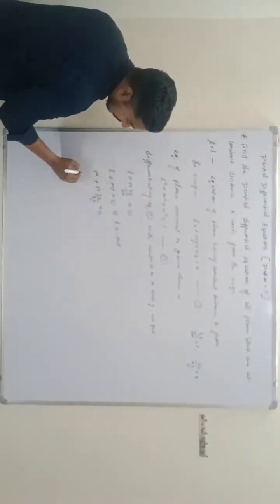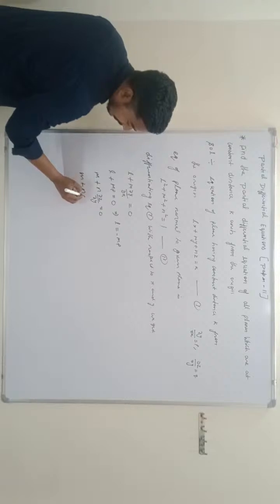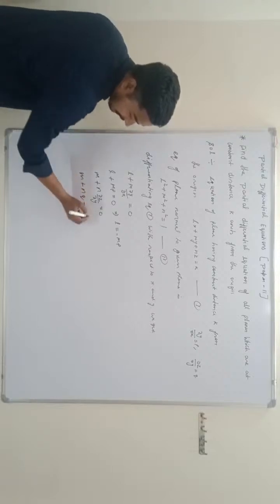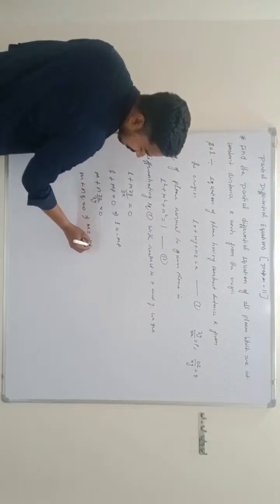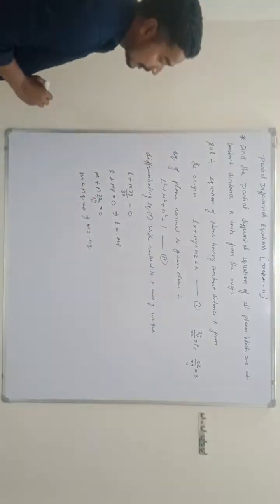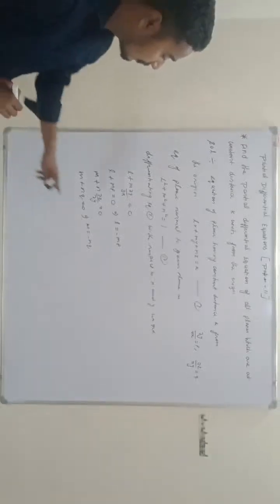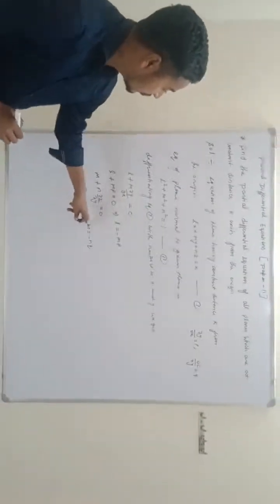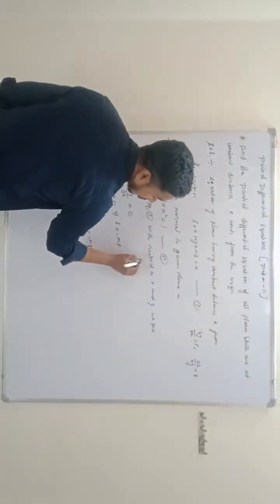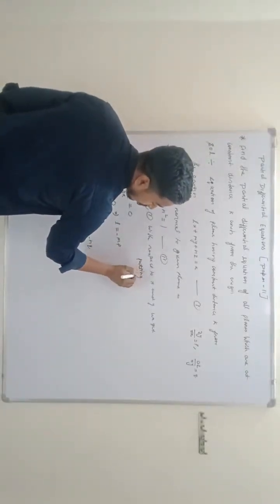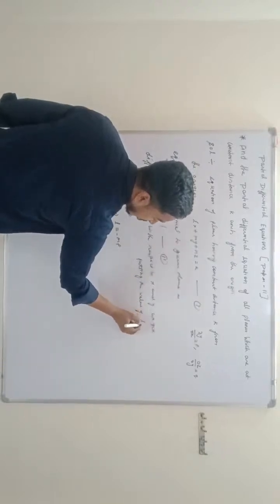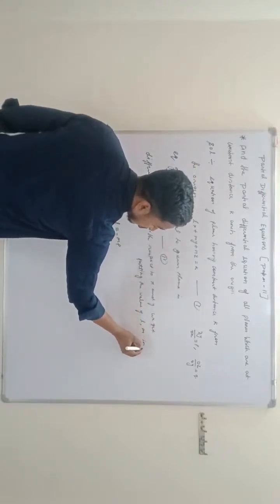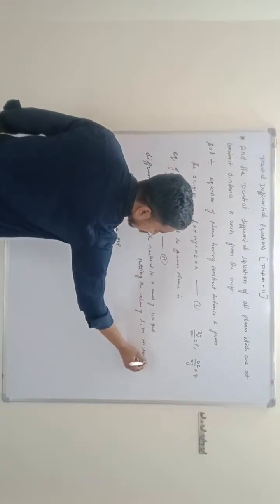So we write M + NQ = 0, and from here M = -NQ. Now we have to put the values of L and M in equation 2.